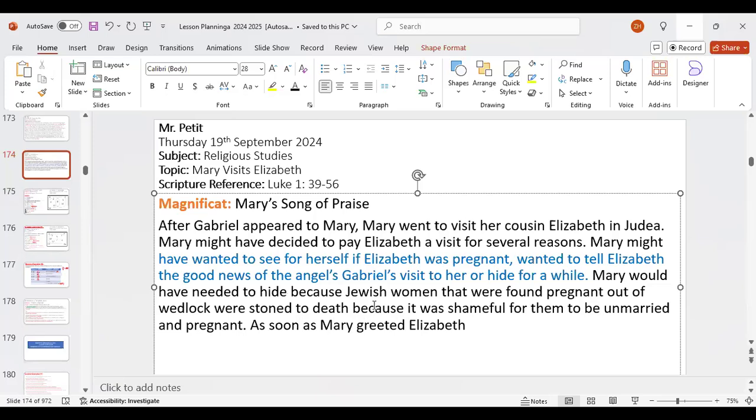As soon as Mary greeted Elizabeth, baby John the Baptist leaped in Elizabeth's womb.